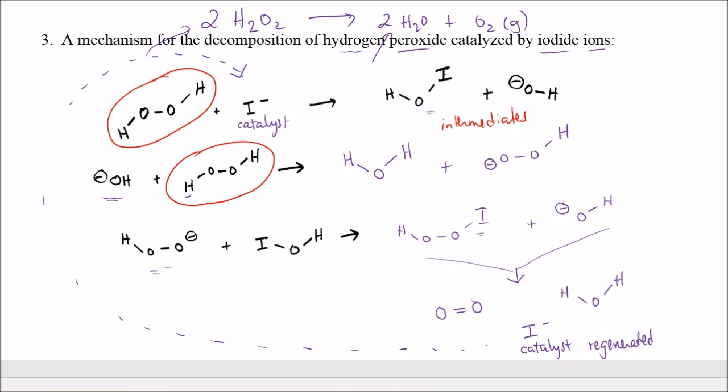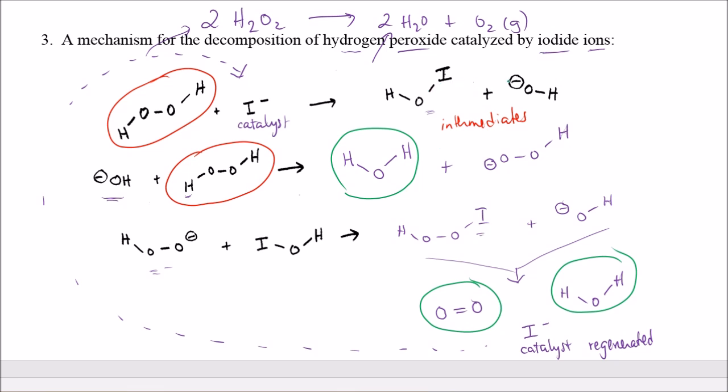But the overall products are, here's a water produced here, here's another water produced here, here's an oxygen gas produced here. So these two peroxide molecules circled in red turned into these three products circled in green.